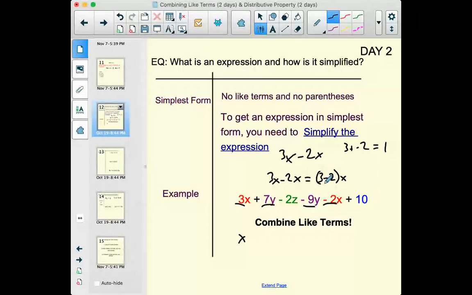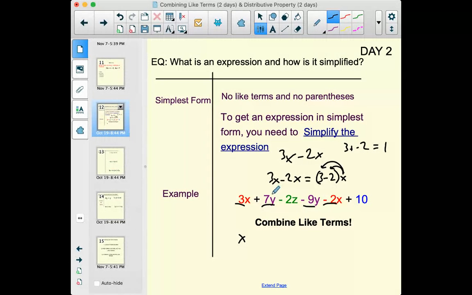This was called the distributive property when we studied it in Unit 1. Remember, the idea with the distributive property is if I had something in parentheses being added or subtracted, and then something being multiplied outside, I could distribute that part being multiplied to each part inside. So 3x minus 2x is the same thing as 3 minus 2 times x. That's what lets us just add and subtract our coefficients.